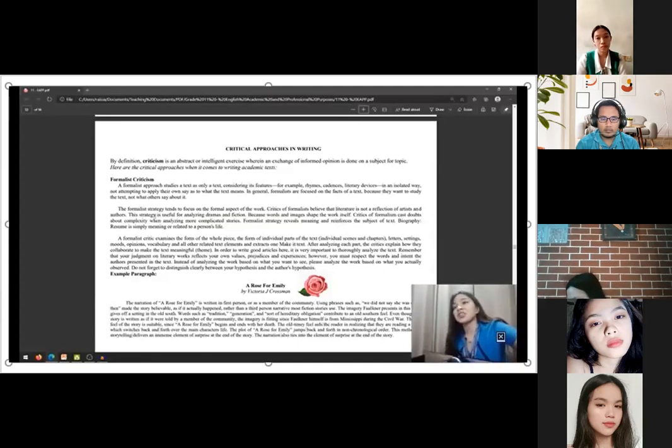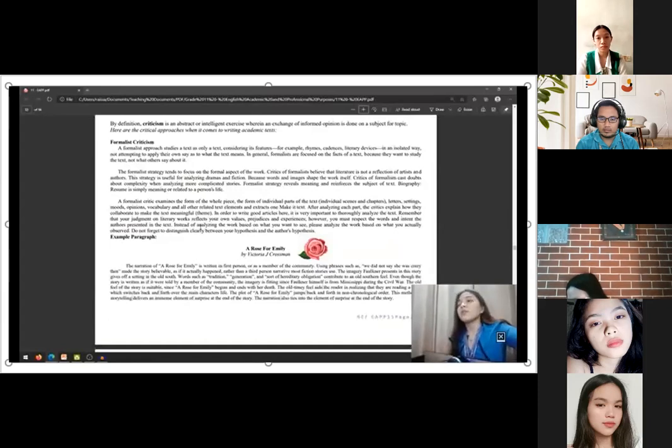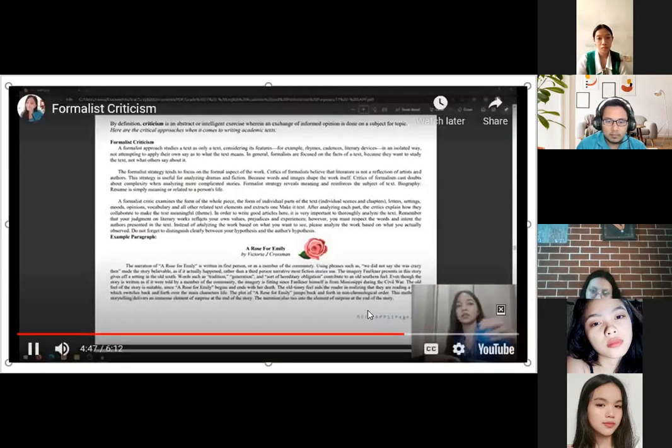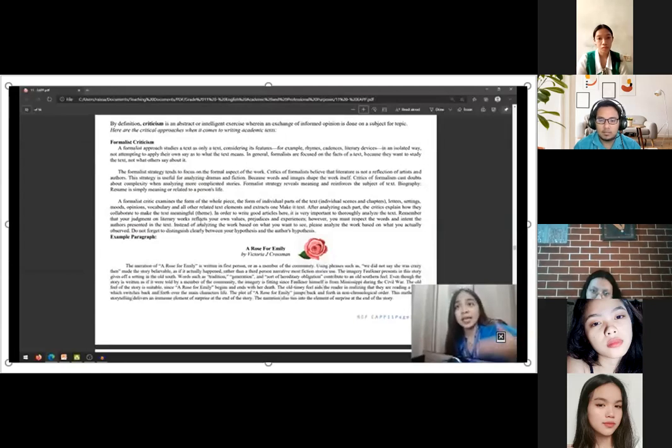Okay, so this strategy is useful for analyzing dramas and fiction because words and images shape the work itself. So a formalist critic examines the form of the whole piece, and the form in individual parts of the text. It could be the scenes, the chapters in a drama, the letters, the settings, the moods, opinions, vocabulary, and all other related text elements.